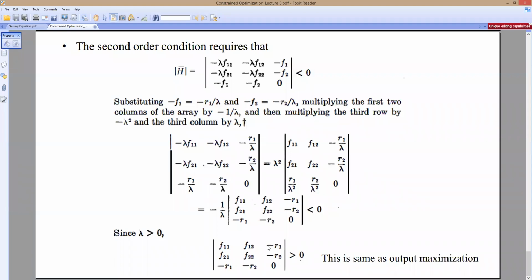But before that, let me tell something about the numerical exercises. This time too, I'll send you the problems from Henderson and Quandt. In Henderson and Quandt, there is a mixture of output maximization, cost minimization, profit maximization, etc. Therefore, you will get a mixed set.